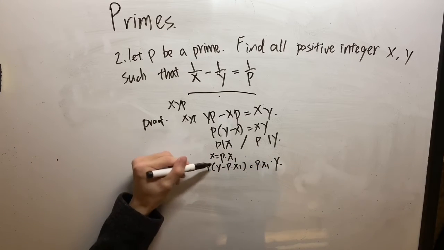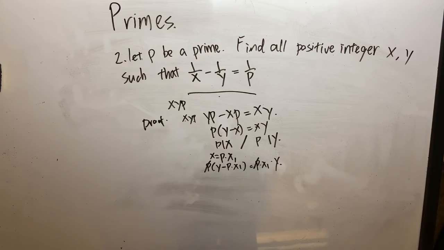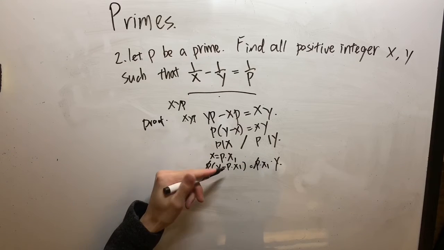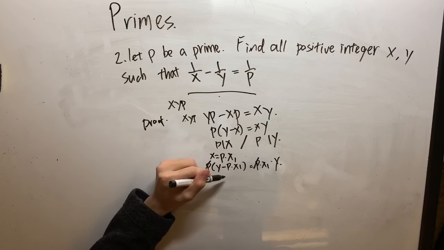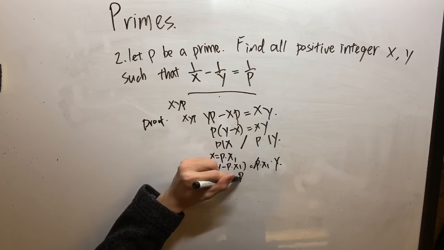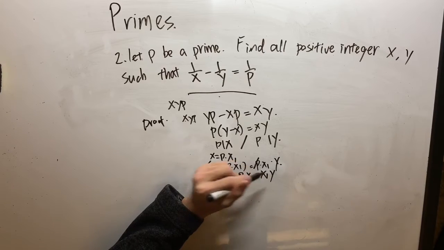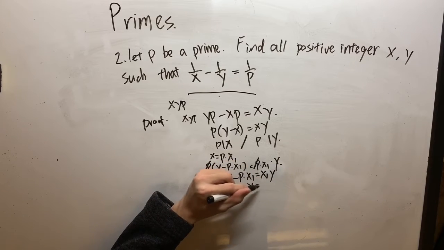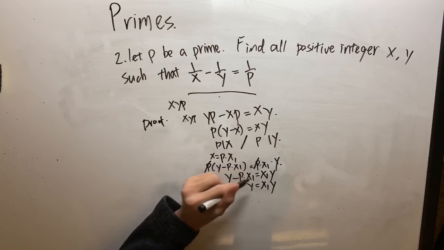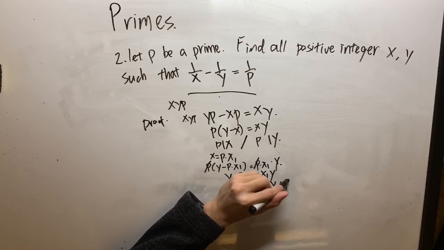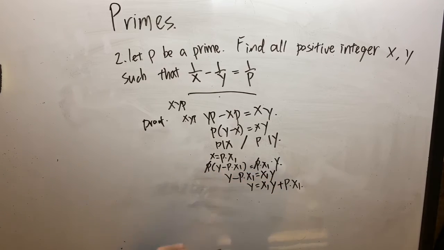You can cancel p on both sides, and this becomes y minus p times x1 equals x1y. So y equals x1y plus p times x1.